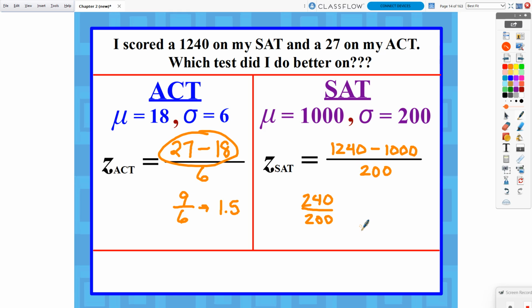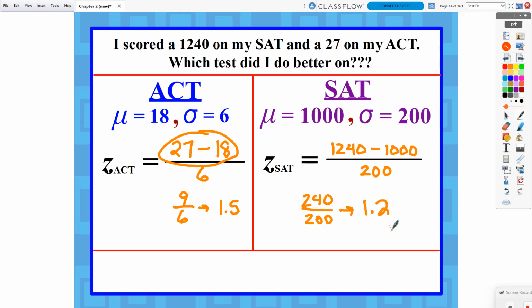Let me grab my calculator. 240 divided by 200 is 1.2. So for the SAT, my score of 1240 was 1.2 standard deviations above the mean.